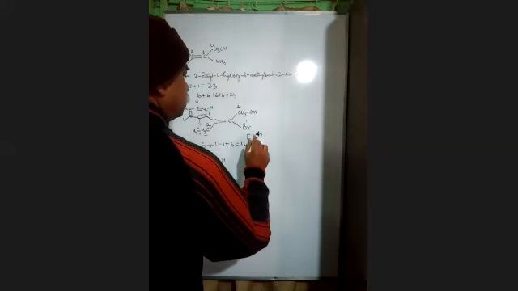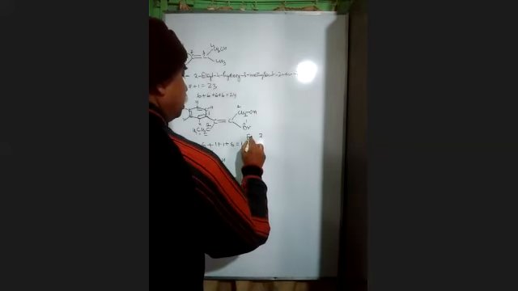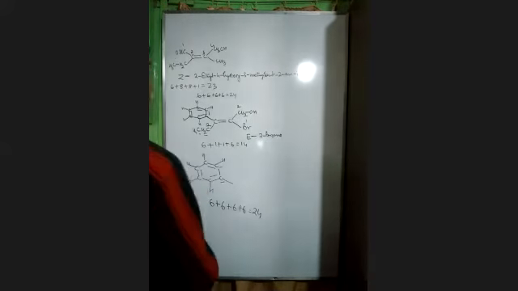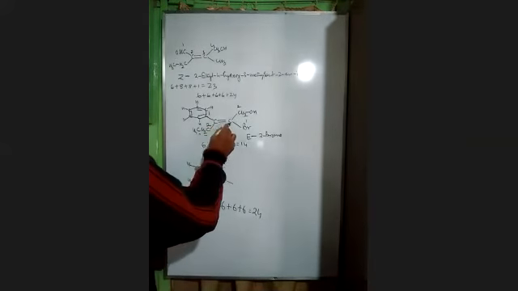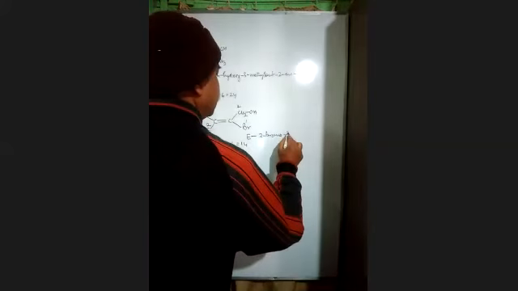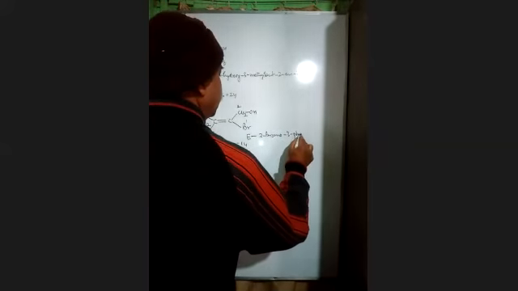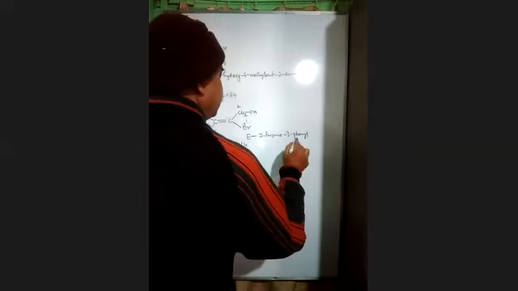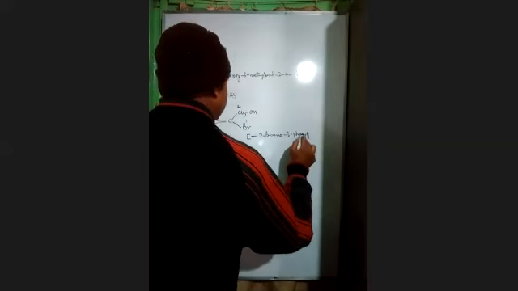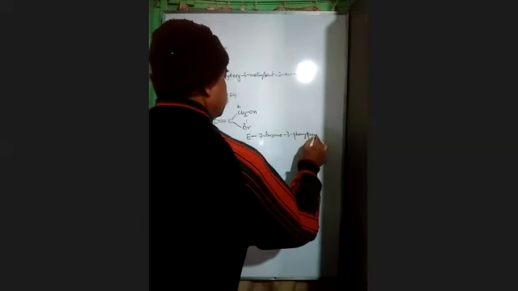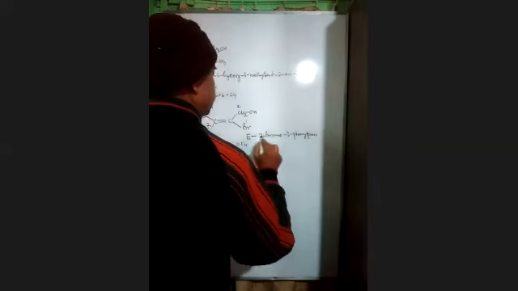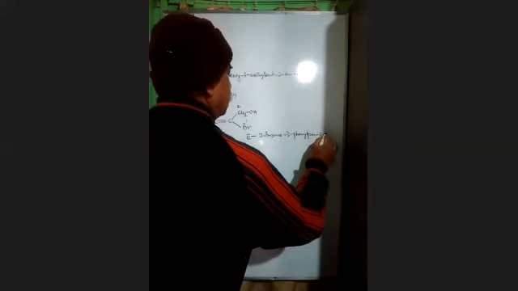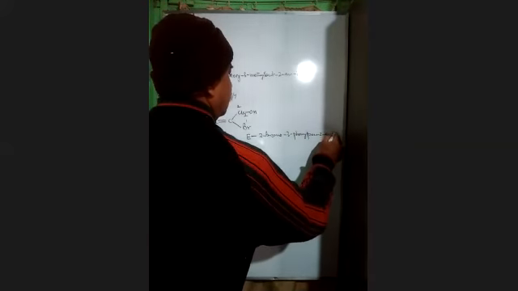So it is, sorry, E, 2-bromo, then 3-phenyl, pent, 2-en-1-ol.